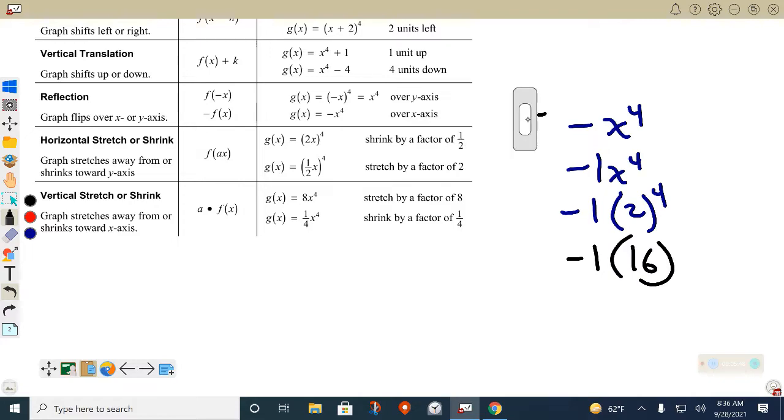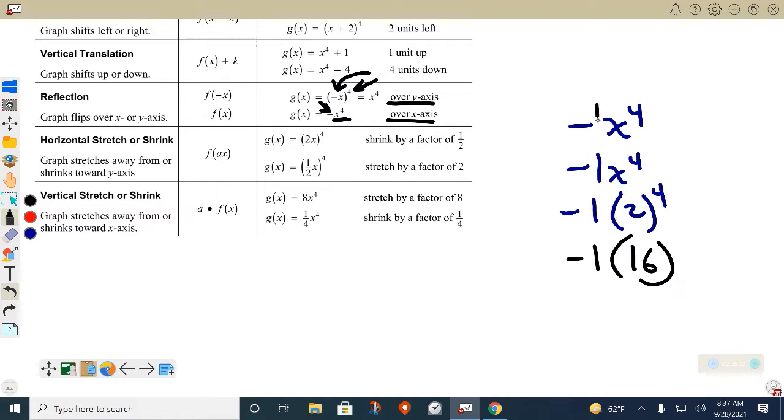So, the moral of the story, what I'm trying to labor right now, is that if the x becomes negative before the action of taking to the 4th power, then it's going to be a flip over the y-axis. If the action of taking to the 4th power comes before the negative, then it's going to flip over the x-axis. Okay, I'm not sure if you guys caught that.